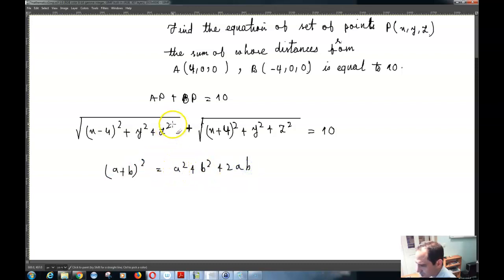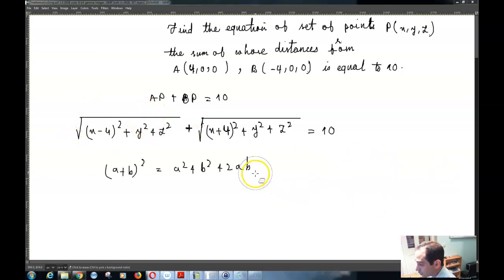So you would get all of these terms out of the square root function, but then 2 times ab, you would have 2 times this whole expression times this expression, meaning that still your terms would be trapped under the square root function.